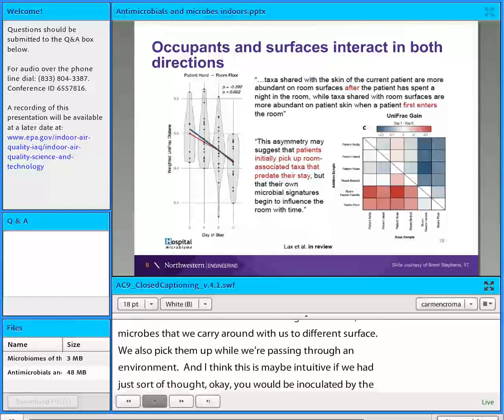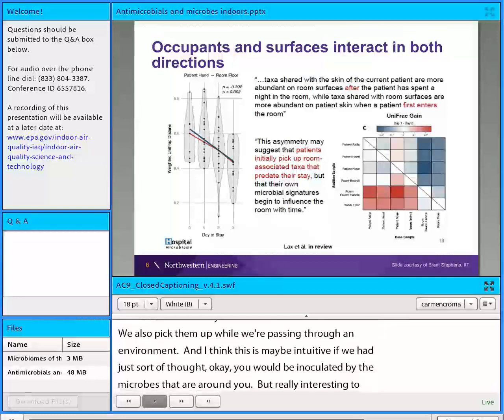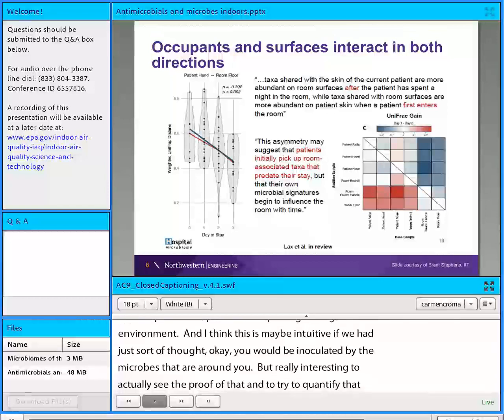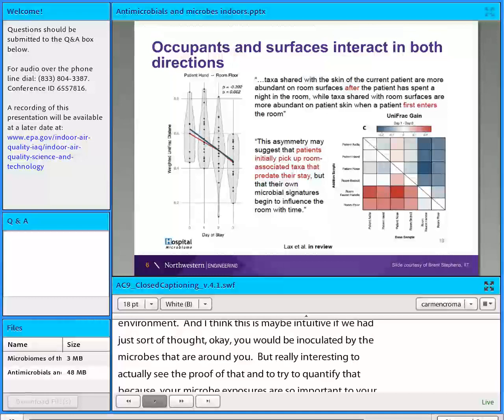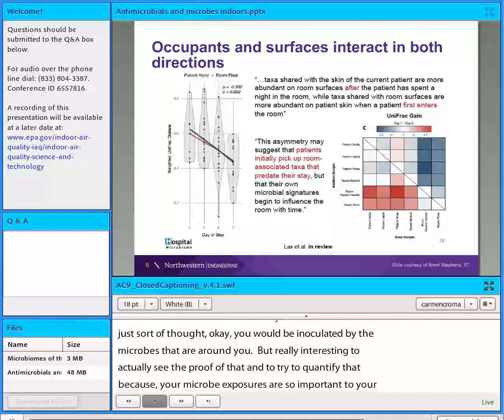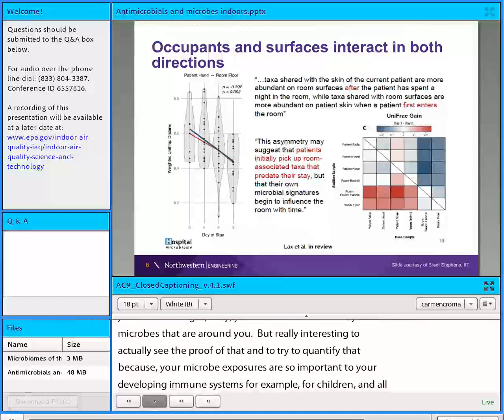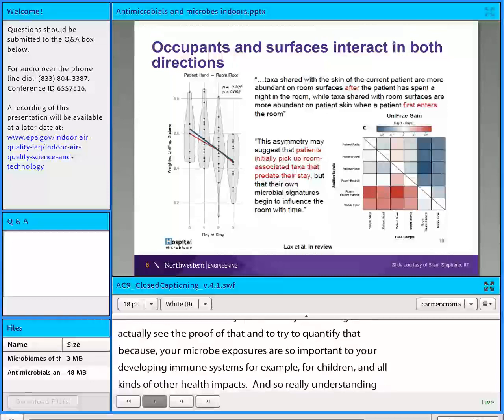But it's really interesting to actually see the proof of that and try to quantify that, because your microbial exposures are so important to your developing immune system, for example, for children, and all kinds of other health impacts. And so really understanding the nature of this interaction is really important, and really quantifying that.